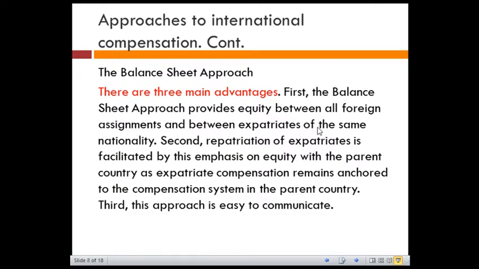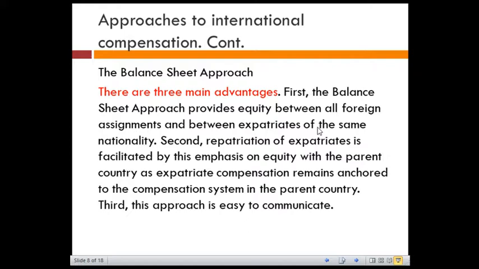There are also disadvantages and advantages where it pertains to the balance sheet approach as well. Let's look at three main advantages. First, the balance sheet approach provides equity between all foreign assignments and between the expats of the same nationality.